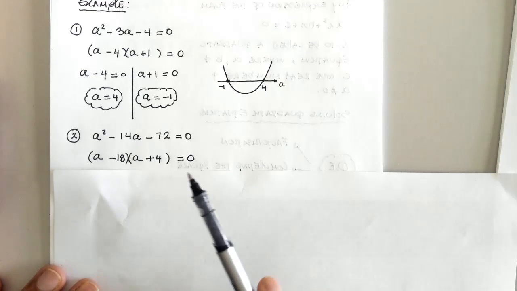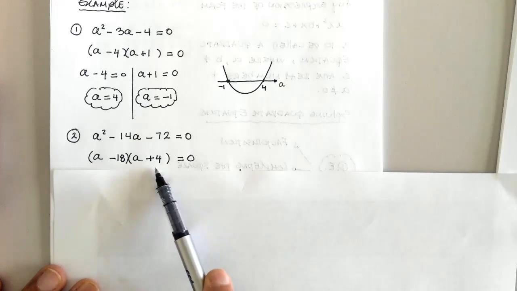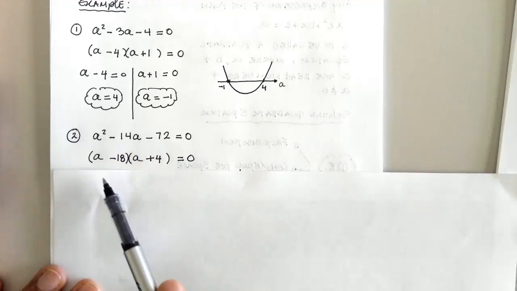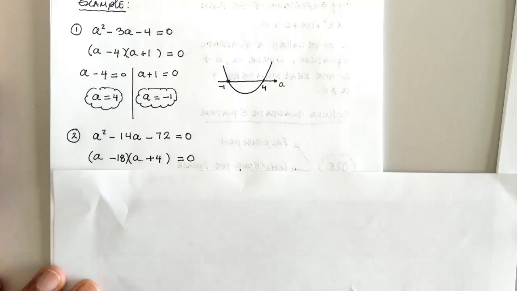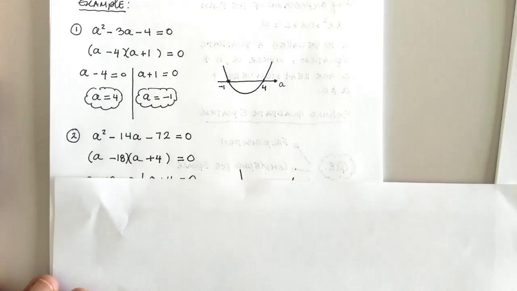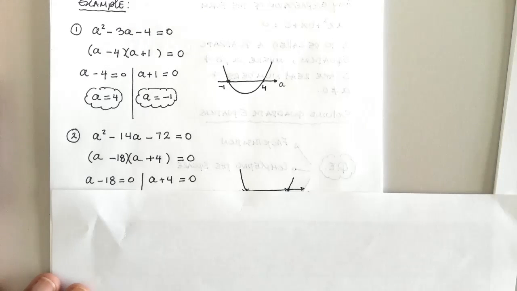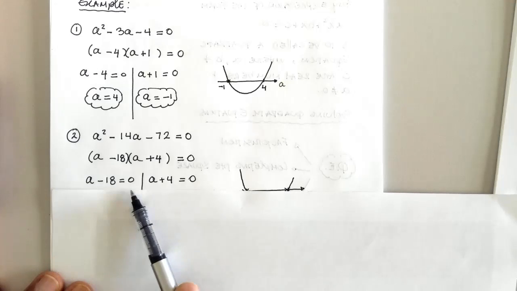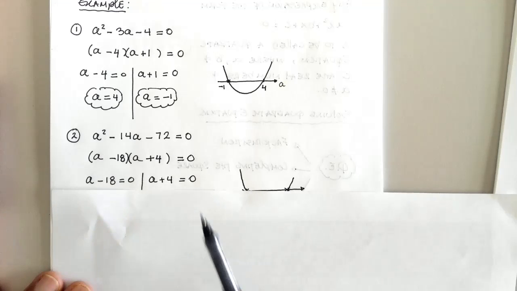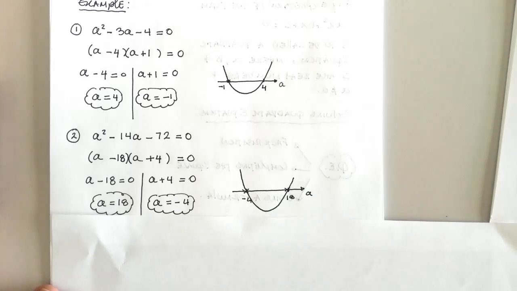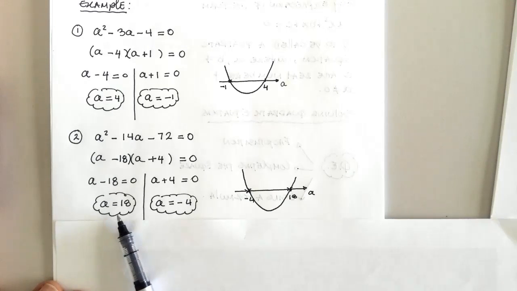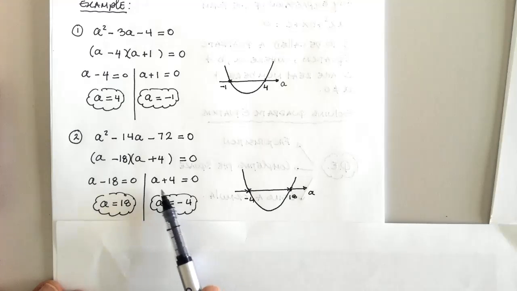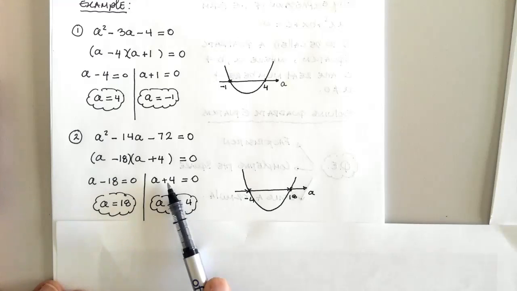Let's check if that is true. -18 times +4 is -72, and -18 plus 4 is equal to -14. So that is correct. And then we split them. So we do a minus 18 equals 0, and then a plus 4 is equal to 0. And then graphically, we're going to have that picture, and the solutions are a is equal to 18 from here, and a is equal to -4 from here.